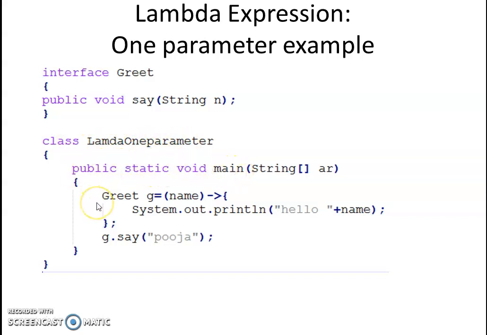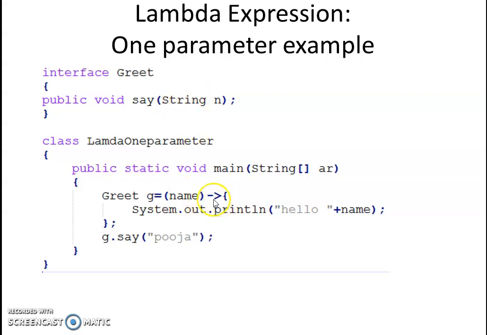Inside the function we are referring to greet with G and we are writing the lambda expression. So here this particular method takes one parameter of string type, so we are writing one parameter inside parentheses. This parameter is referring to this particular parameter, right?